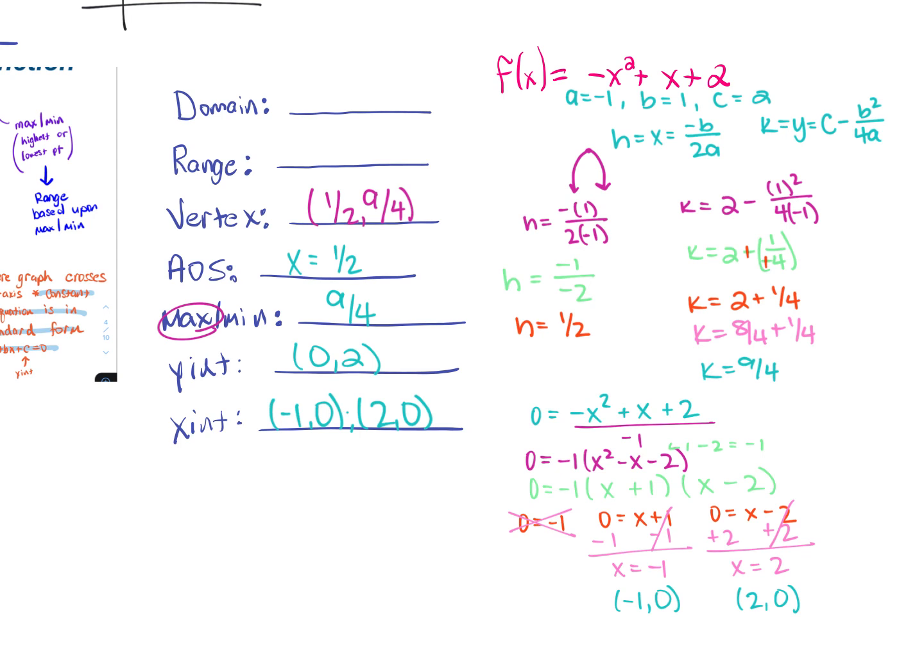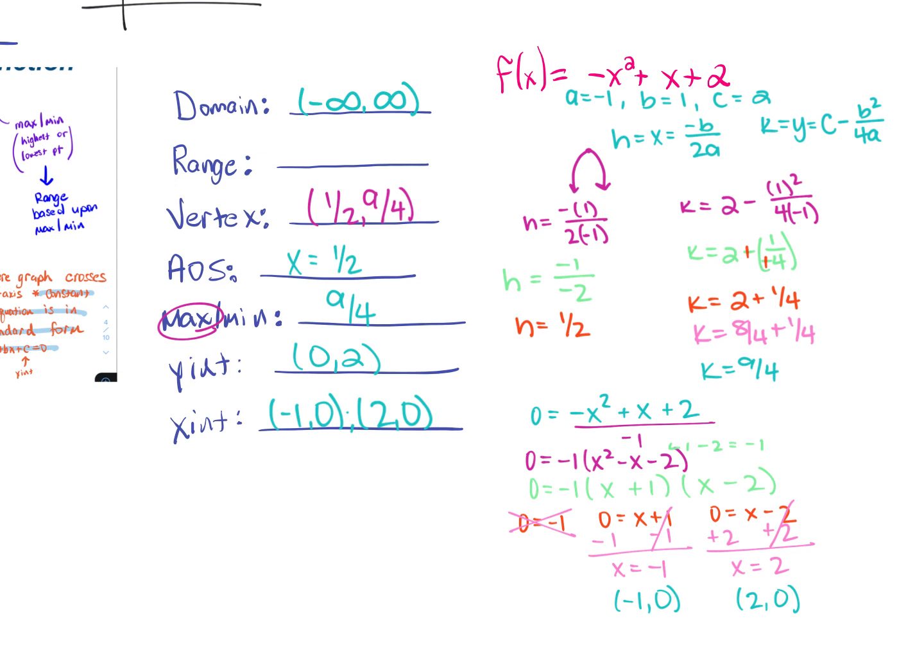What's your domain? Negative infinity to positive infinity. It covers every x value. What's your range? Look at your vertex and look to see if you have a maximum or minimum. You have a maximum, so it goes to negative infinity. What's the highest value you go to? 9/4.